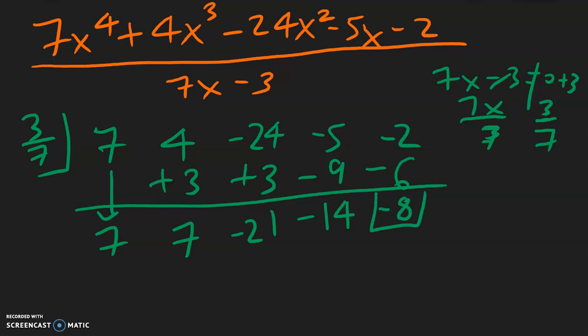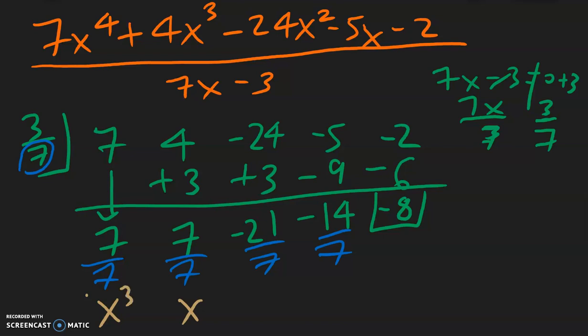Now, let's divide everything by 7, because we divided by 7, so divide everything by 7, except for the remainder. Leave that alone. Now for your answer, 7 divided by 7 is 1. So we're just going to have 1x to the third. 7 divided by 7 is also 1.